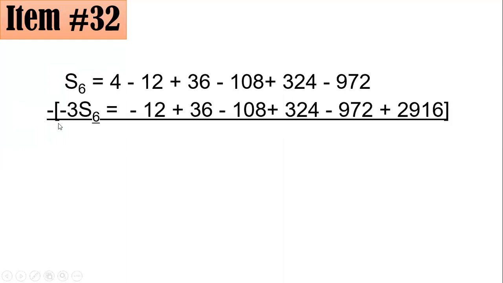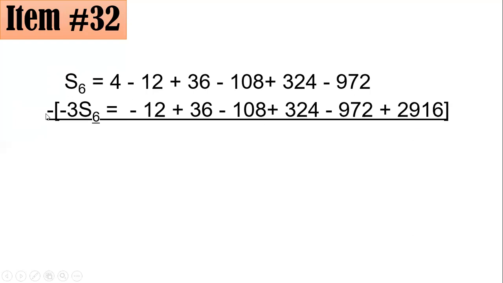Multiplying both sides by negative 3, each of these terms will be multiplied by -3 to produce this particular series. 4 times -3, it's -12, and I align them. -12 times -3, it's 36. 36 times -3, it's -108, and so on, until -972 times -3, which is 2,916.